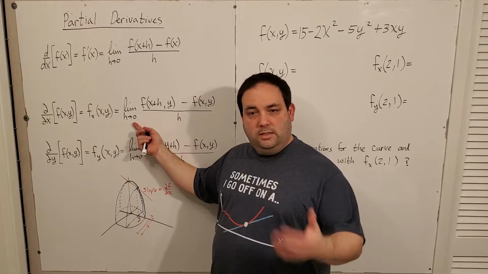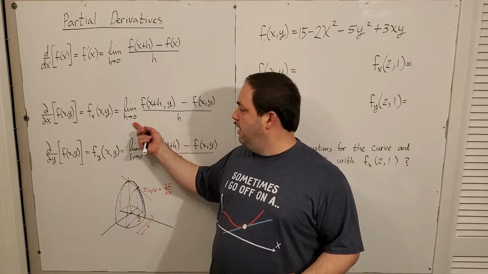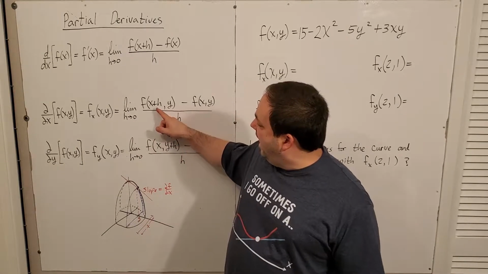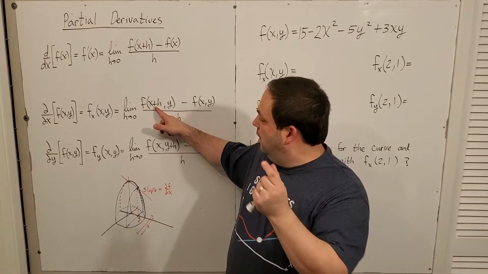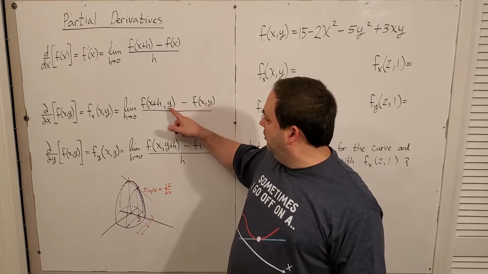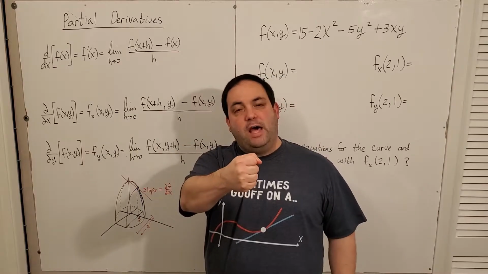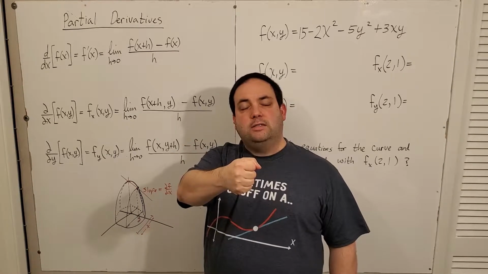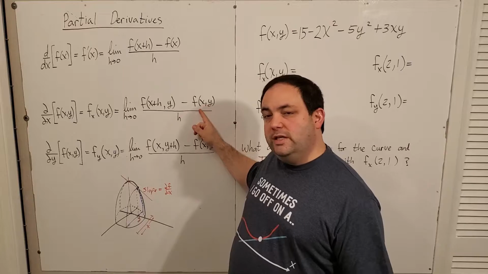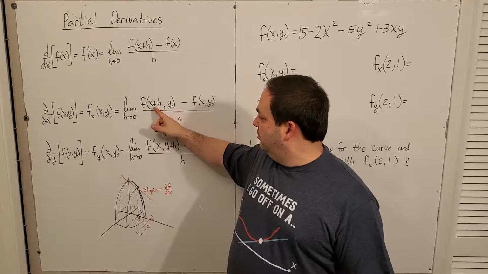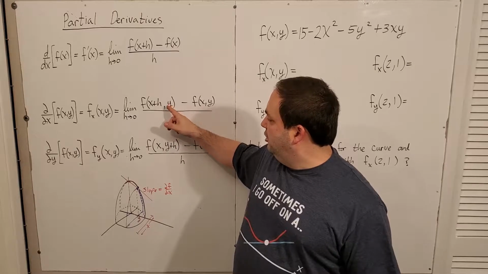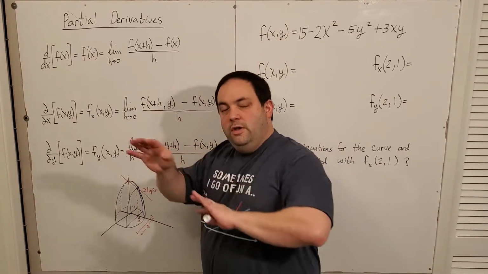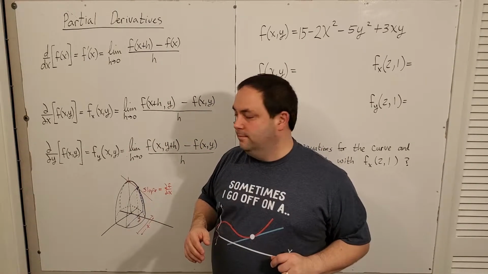That's like your delta quantity, right? And what I'm doing is I'm adding it just to x. You see, x is allowed to wiggle, but y is still there. In other words, I've picked a value for y and it's held constant. It doesn't change between the two values. So notice it's really the same derivative, f of x plus h minus f of x over h. You just have y sort of in there along for the ride.